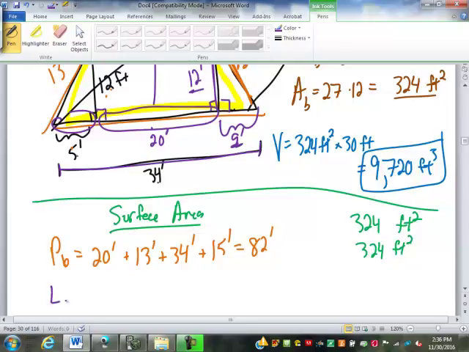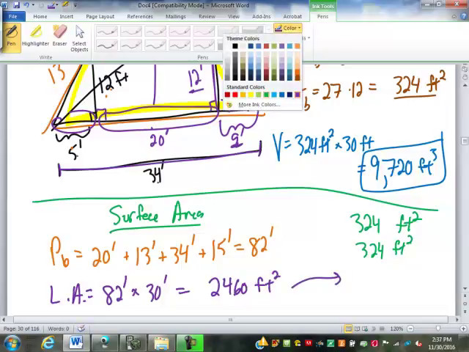So then our lateral area is 82 feet times that length of 30 feet, which is what, 2,460 square feet. So that goes in here for our lateral area.